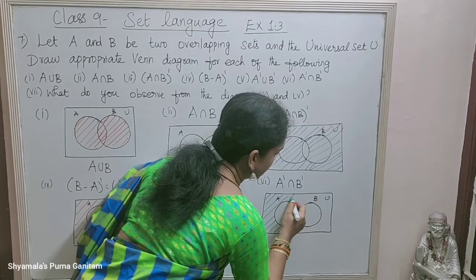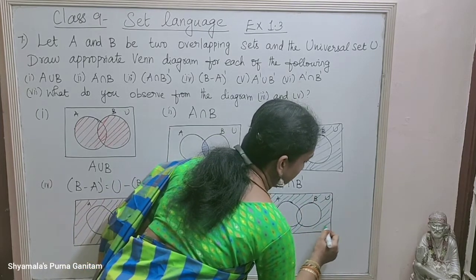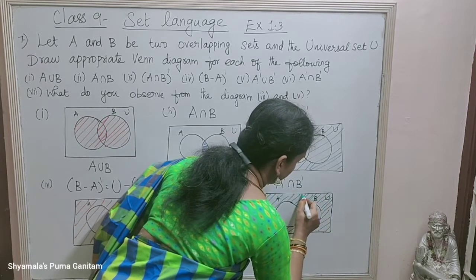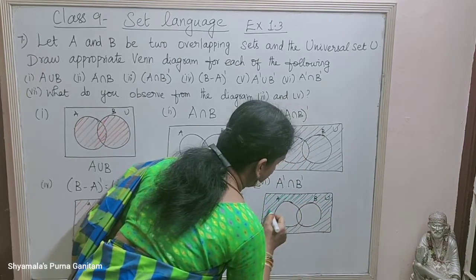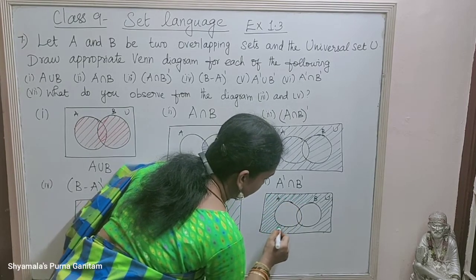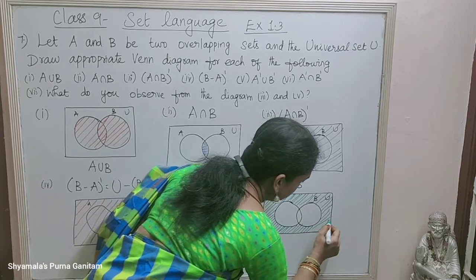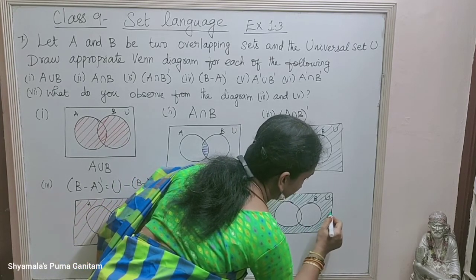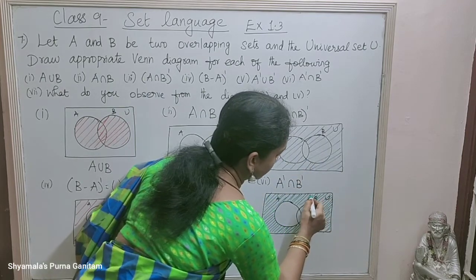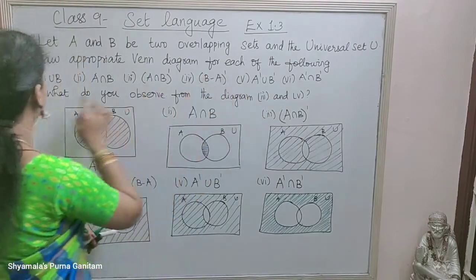So this will be the intersection part of A dash and B dash. A dash intersection B dash. Okay. Then 6 sums over.